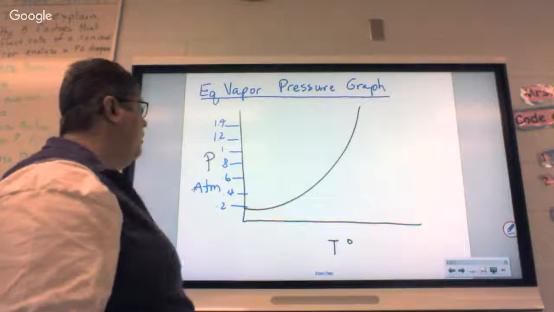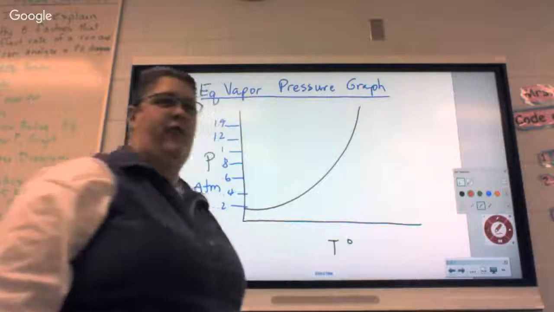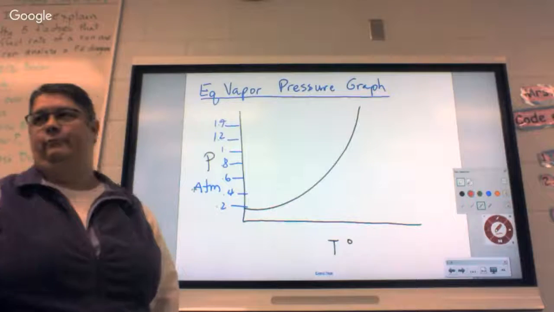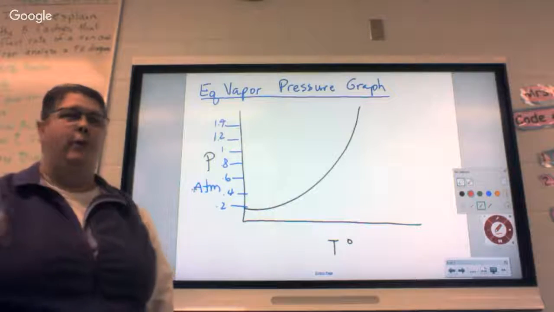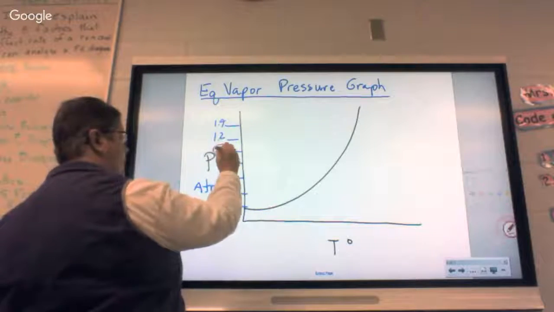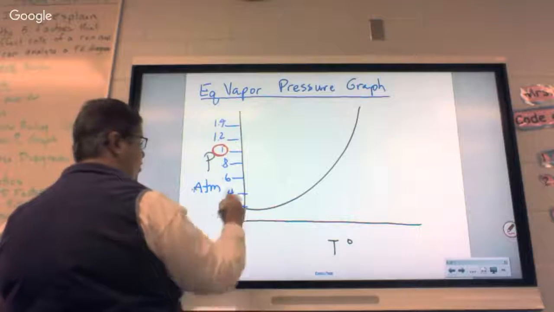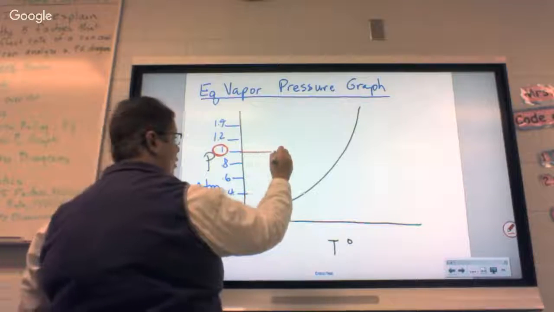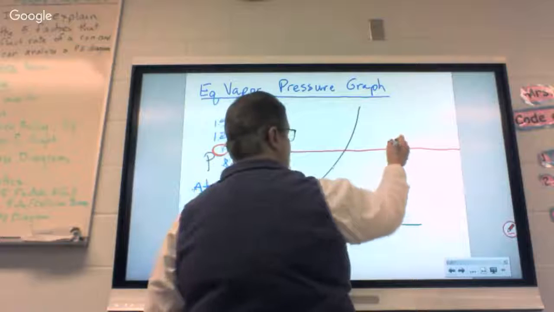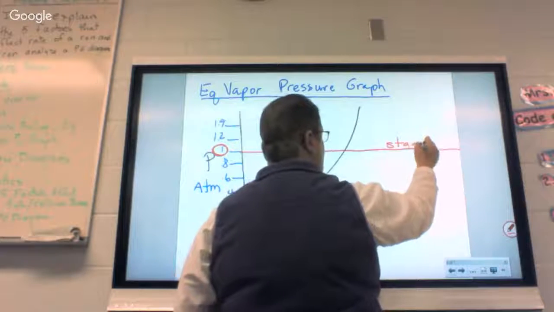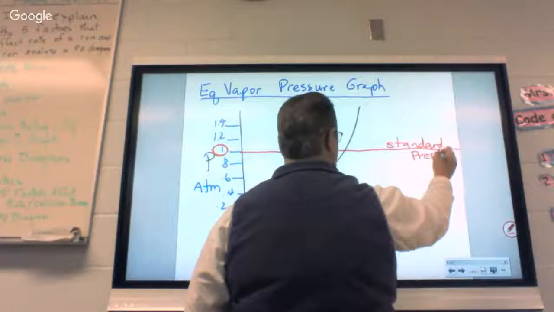What do you know is on the atmosphere scale? What's standard pressure? 1. Okay? You're going to find 1 on the atmosphere scale. You're going to draw in a line all the way across your graph. So that is standard pressure.